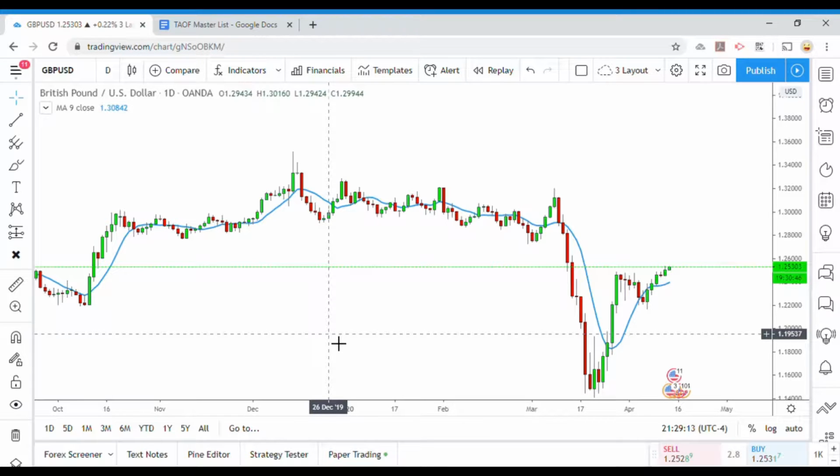And like most indicators, there are multiple different ways you can trade an indicator. Most of the time when I do a video on trading an indicator, I stick to one way of trading it and only one way, and then I let you guys take it from there and test it in different ways.